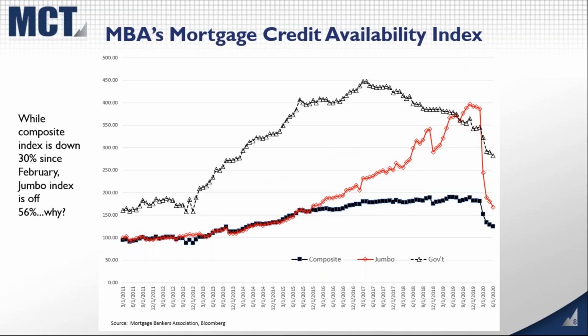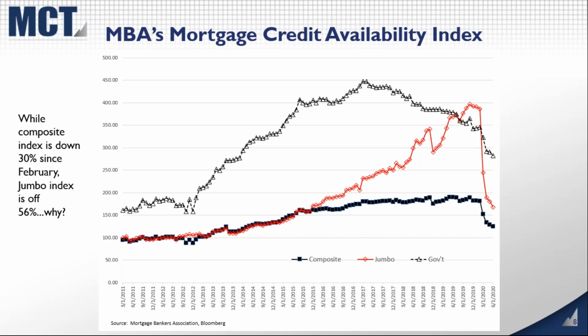This is an interesting chart. This is the MBA's mortgage credit availability index, and you can see that it has declined a great deal since February. This is a monthly measure that's put out by the MBA, and it shows the composite measure as well as the measure for government loans and jumbo loans.